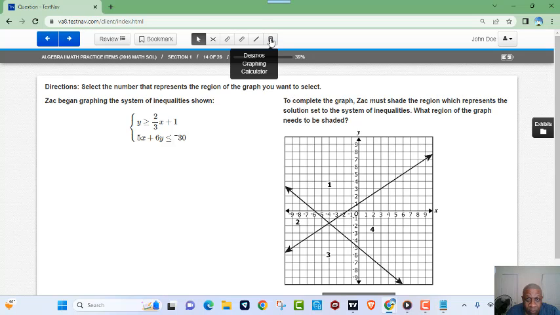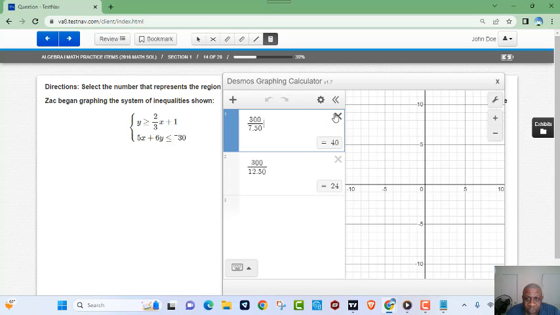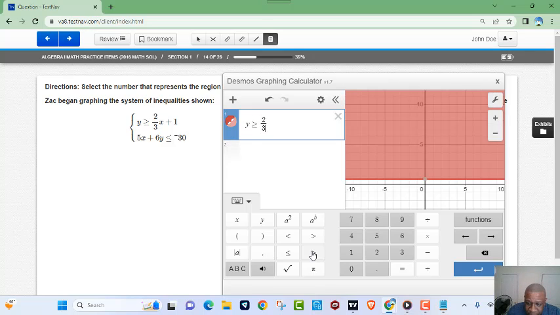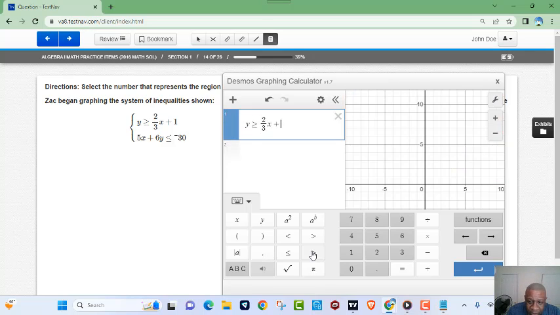Well, why don't we just use DESMOS to find out for us, and just graph those? The first one says y is greater than or equal to 2/3 x plus 1.